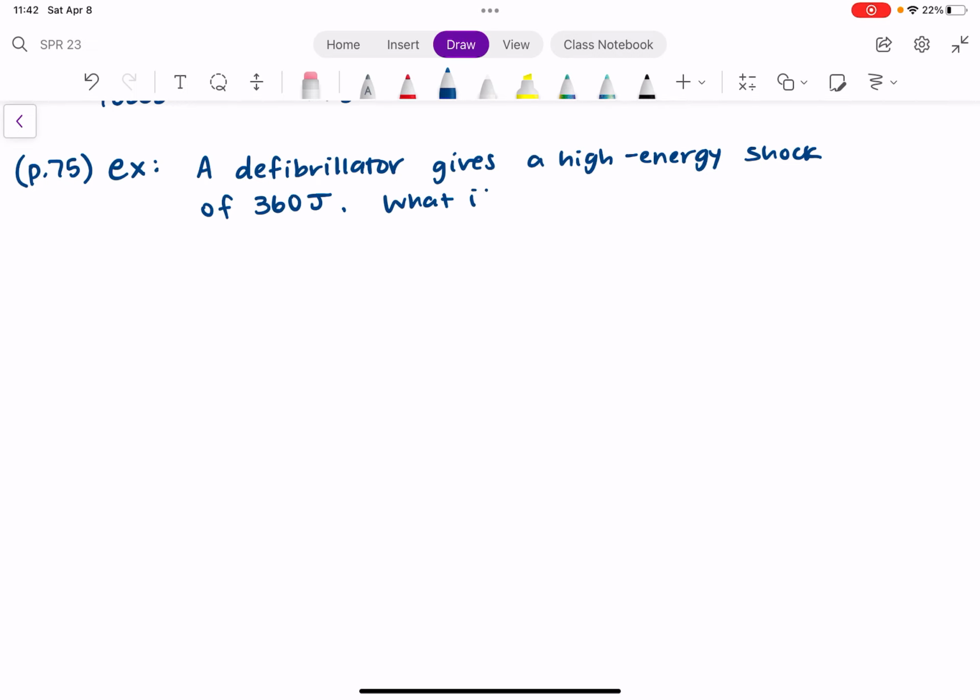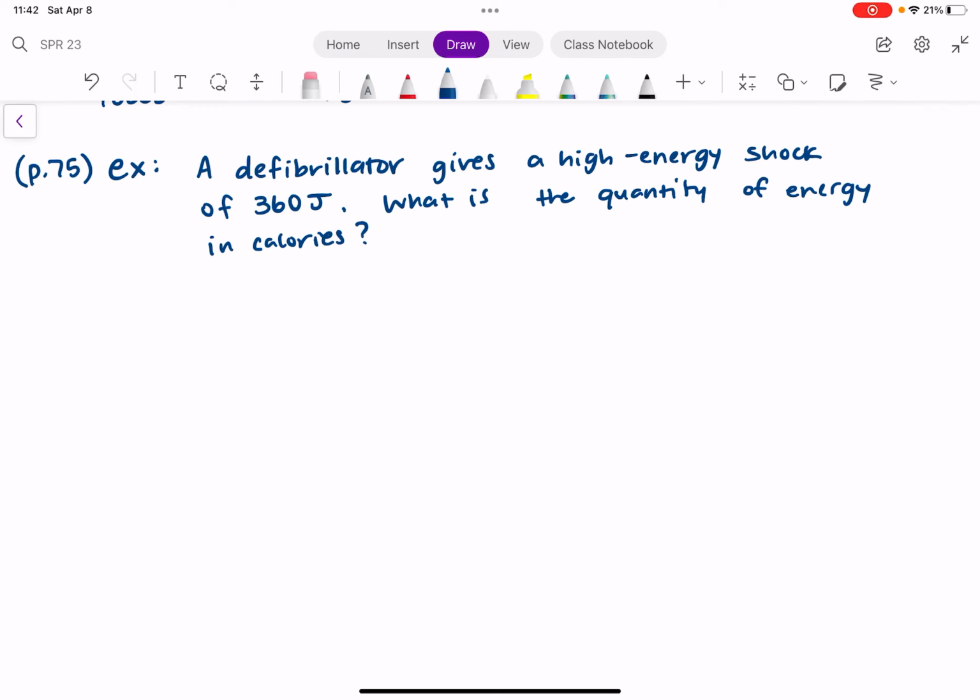What is the quantity of energy in calories?